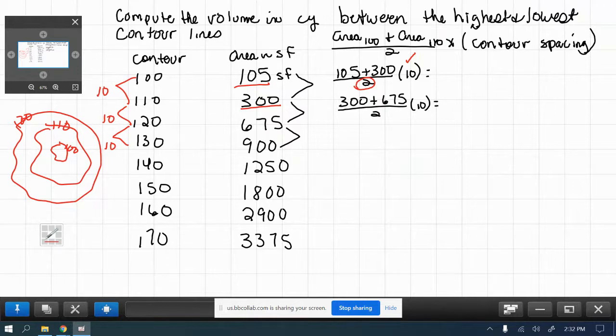So all we have to do is flip over. I've already got all these worked. If I do the area for 100 plus the area of 110, divided by 2 times 10, I'm going to keep it in square feet.